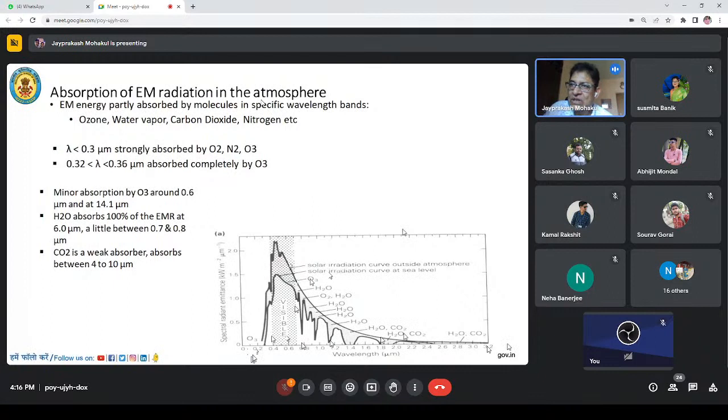This part is understood? Yes. Okay. Now this is the amount of energy which has come from the sun and reached sea level, right? Now what is there between sea level and the top of the atmosphere? It's the atmosphere, no? It is the atmosphere, agreed?